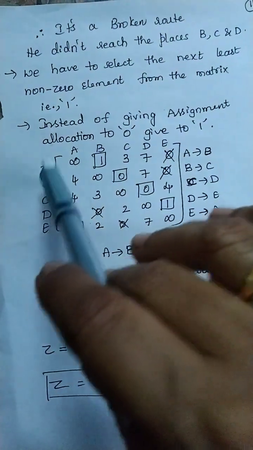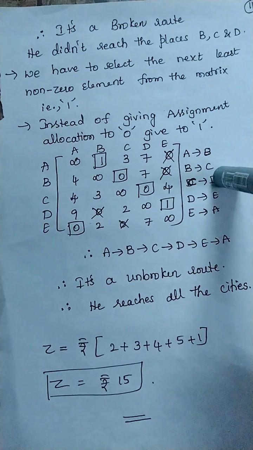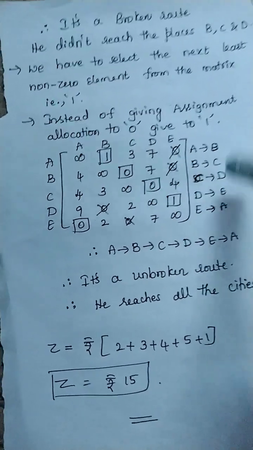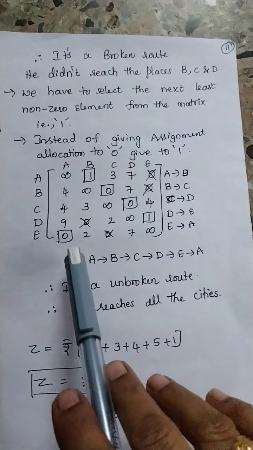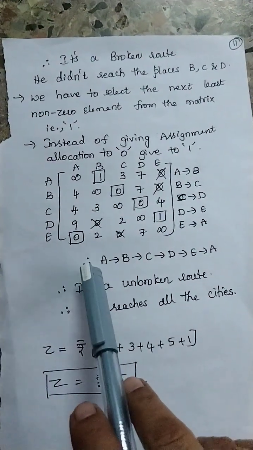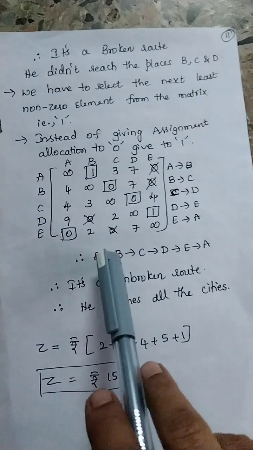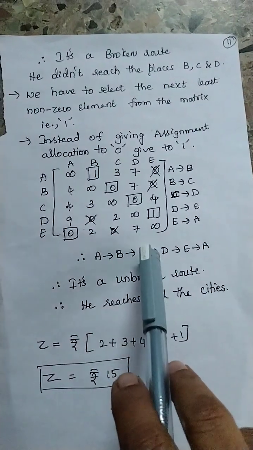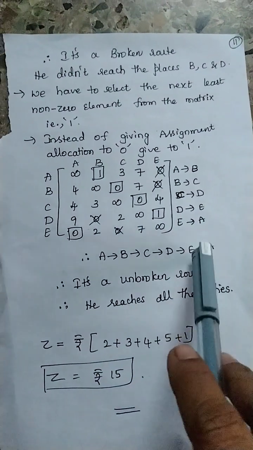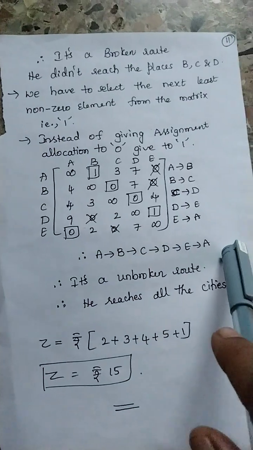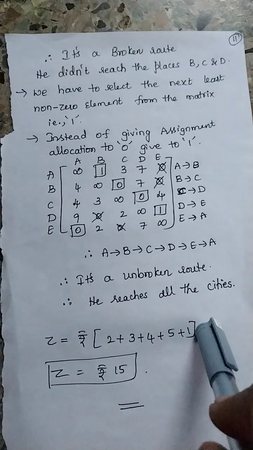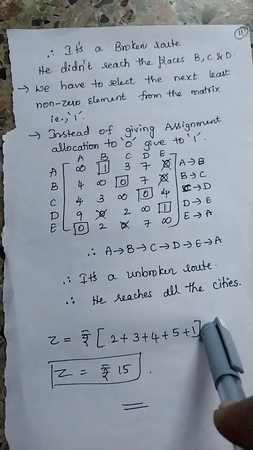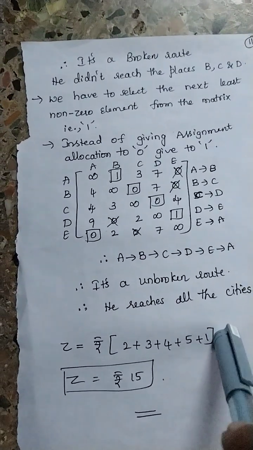So here A to B, B to C, C to D, D to E and E to A. Now you have to check whether it is a broken route or an unbroken route. A to B, B to C, C to D, D to E and E to A. It's an unbroken route. He reaches all the cities from the home city to the home city.